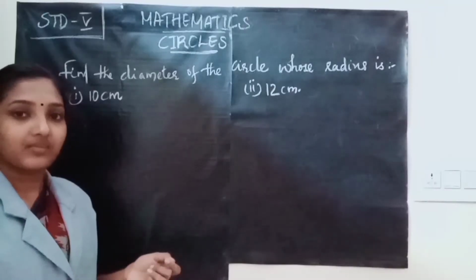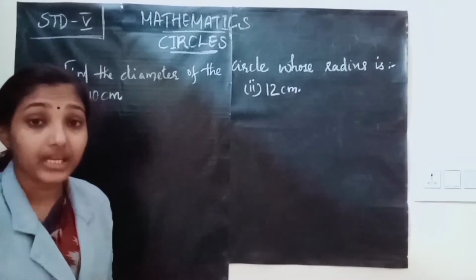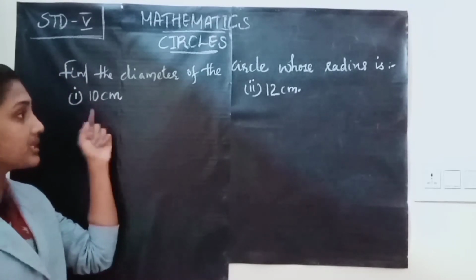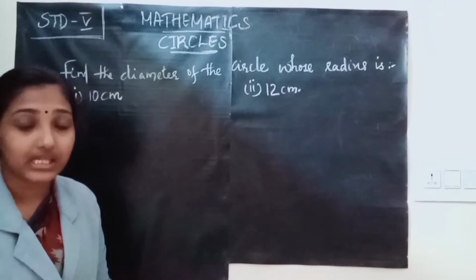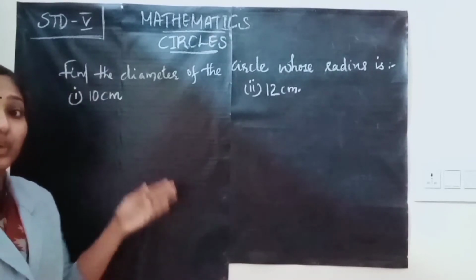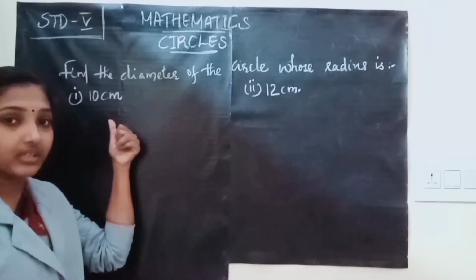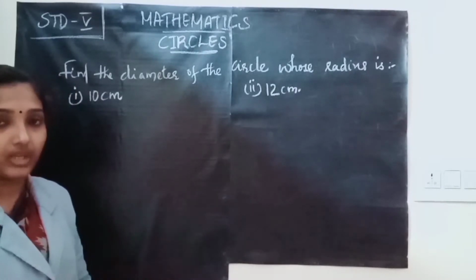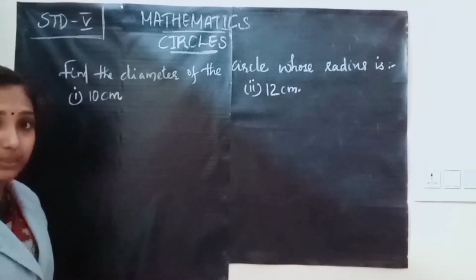Okay, see here, it is to find the diameter of the circle whose radius is 10 centimeter, and in the second question its radius is 12 centimeter. So we need to find the diameter of the circle, and here the radius of the circle is given. For our first question, the radius of the circle is 10 centimeter.